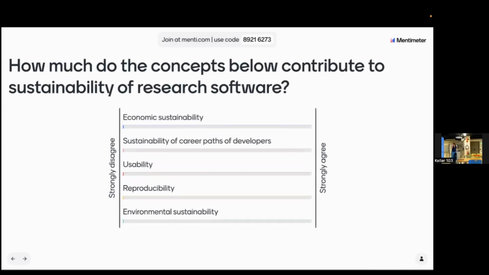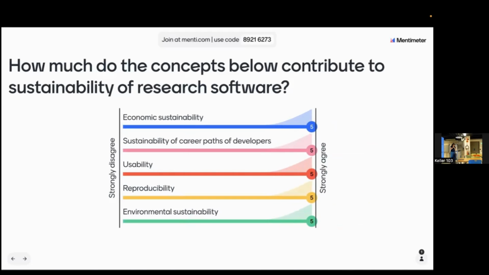This is now a little bit of a tough question if you haven't done too much with sustainability of research software. But what is your guess? How do the concepts below contribute to sustainability of research software? Economic sustainability, sustainability of career paths of developers, usability, reproducibility, environmental sustainability.